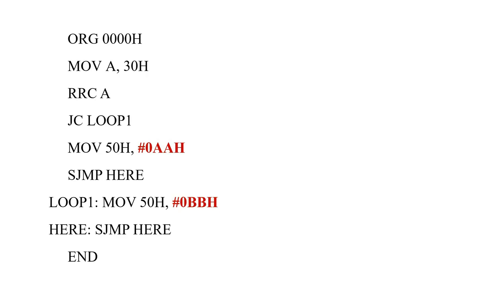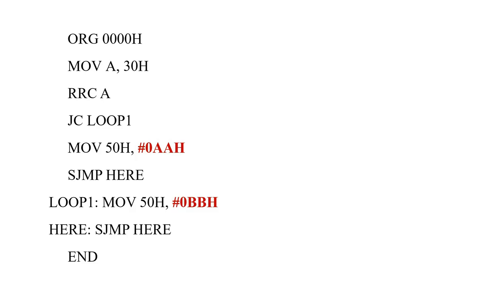The instruction which does that is MOV 50H, #0AAH. So the carry flag is checked. If it is 1, BB is stored at 50H. If it is not 1, AA is stored at 50H.